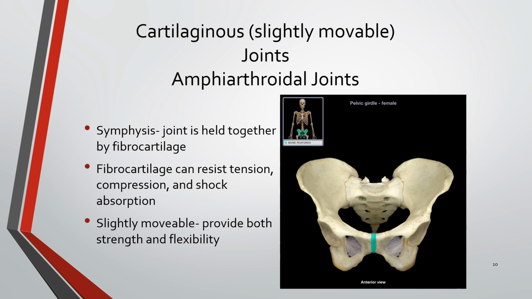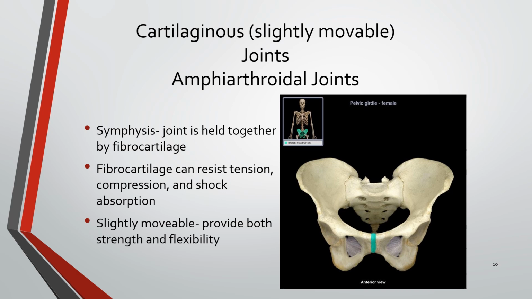And again, very slightly movable. In this particular location, I'm sure you can understand why we wouldn't want to have movement. And so this fibrocartilage, which is made of a lot of our fibrous proteins, or fibrous collagen fibers, you could say, is very strong in nature.